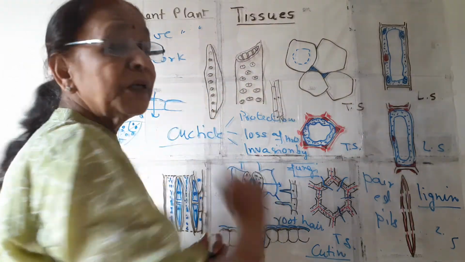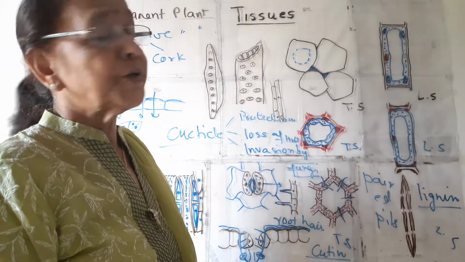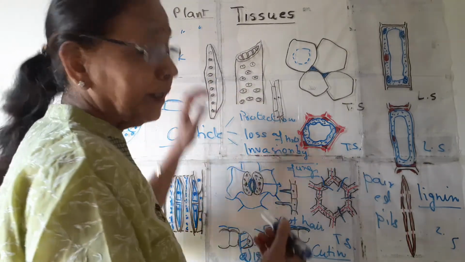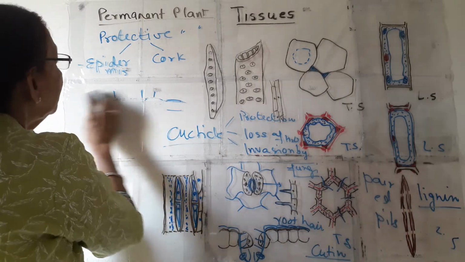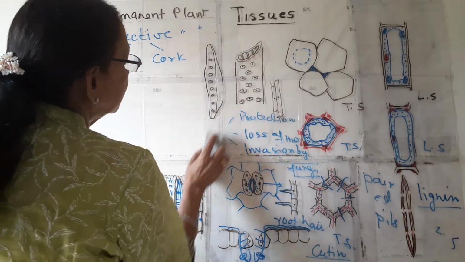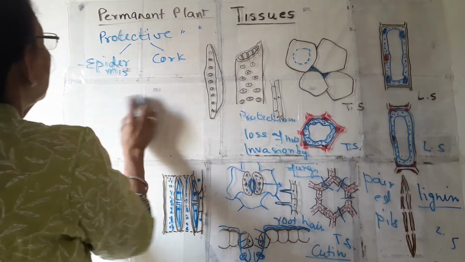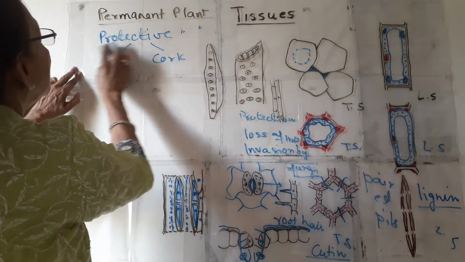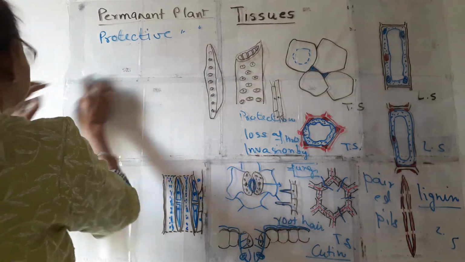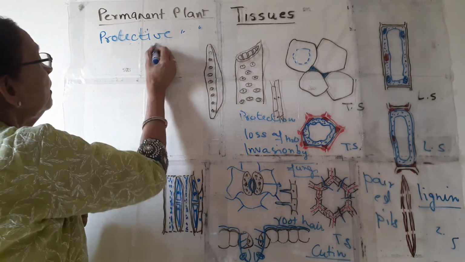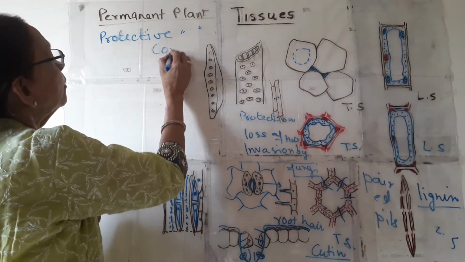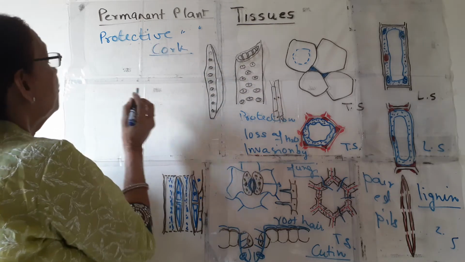Now what is left? Cork. The second protection is by cork tissue. Now what is cork? In mature plants, the plants which are of a certain age, what happens? Below this epidermis, now we are studying what cork is and how it is formed.